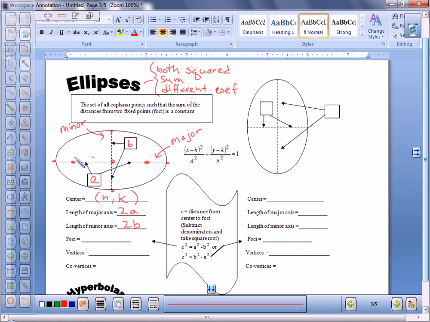And the distance from the center to the foci we call c. So c represents the distance from the center to both of our foci. And the way we get it is we're subtracting our denominators and taking the square root. And when it is elongated horizontally, the foci is going to be, we would take that c and add it and subtract it to our x, because the foci will lie on the major axis.